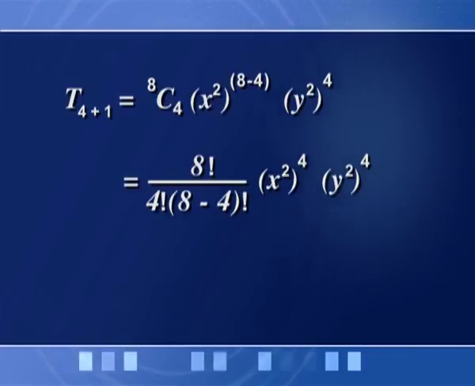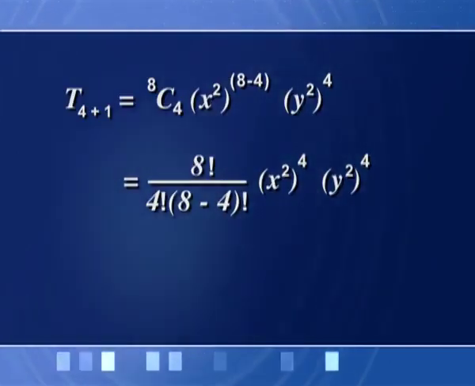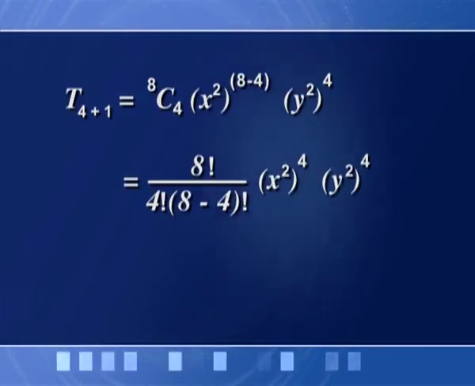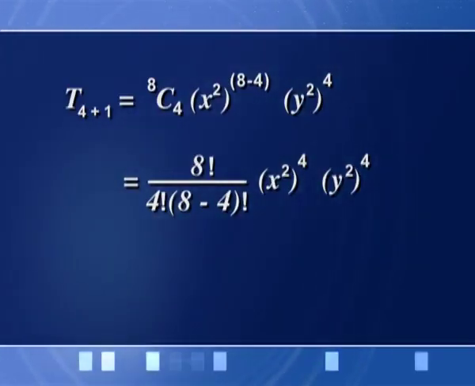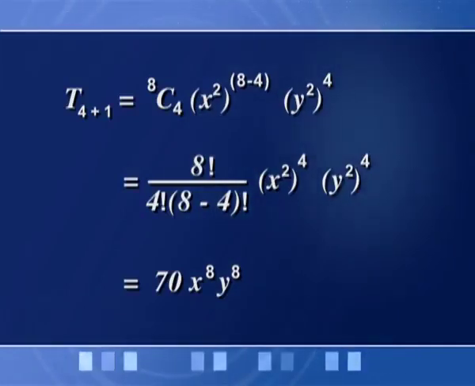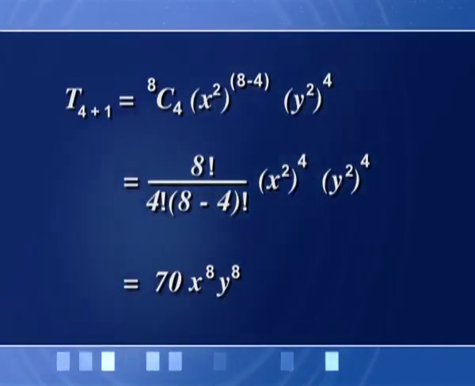This is to be multiplied by x square raised to the power 4 into y square raised to the power 4. So finally the middle term is equal to 70 x raised to the power 8 y raised to the power 8. So this will be the 5th term, which is the middle term in the expansion of (x square plus y square) raised to the power 8.